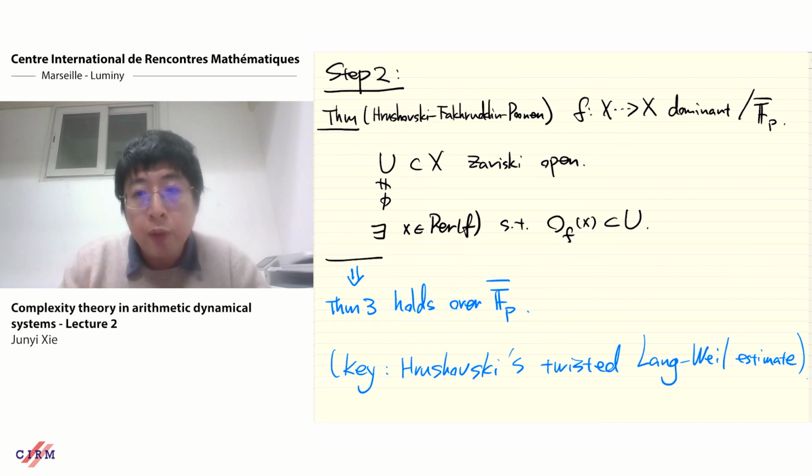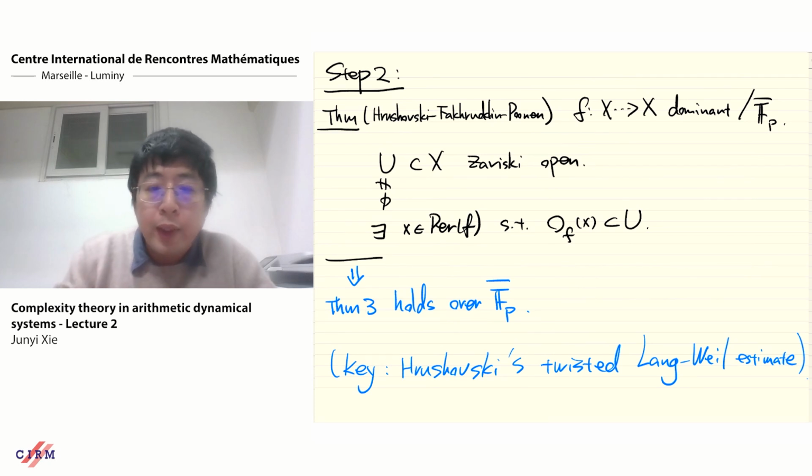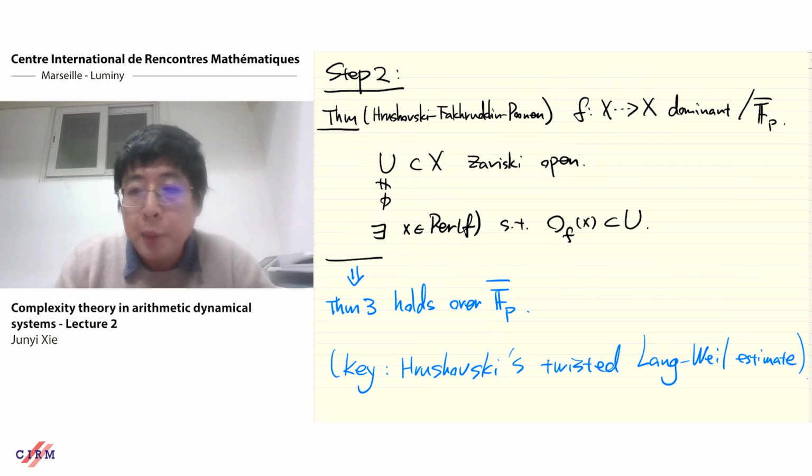And in particular, it implies our theorem 3 when our field K is F_p bar. The key of the proof is Hrushovski's twisted Lang-Weil estimate and a trick using Frobenius.